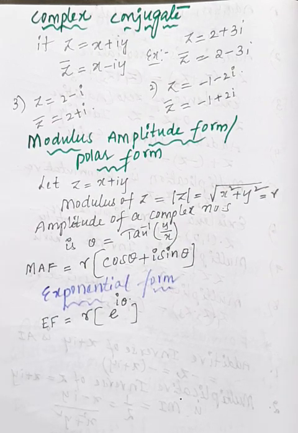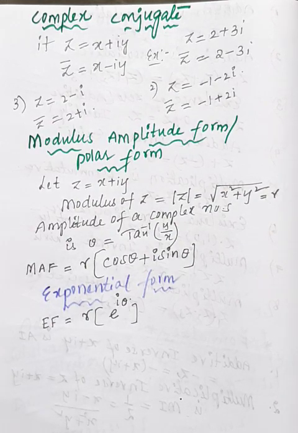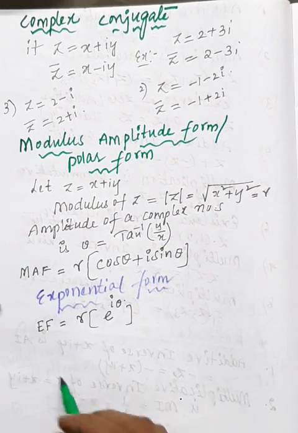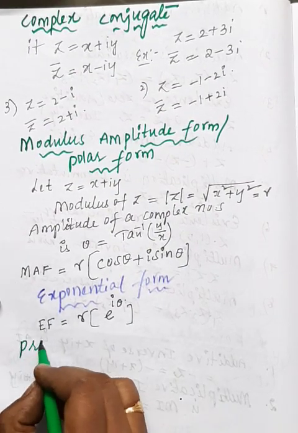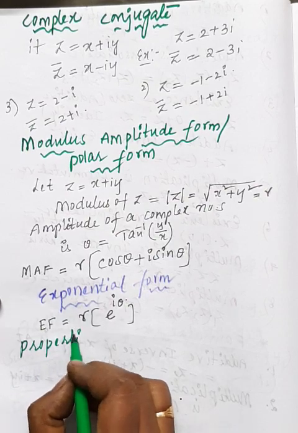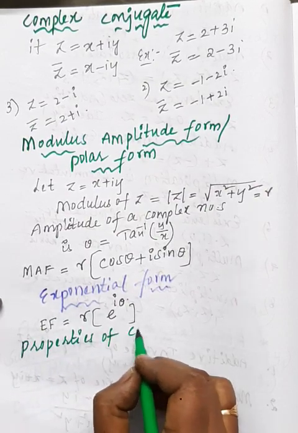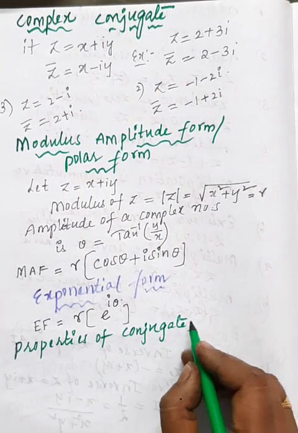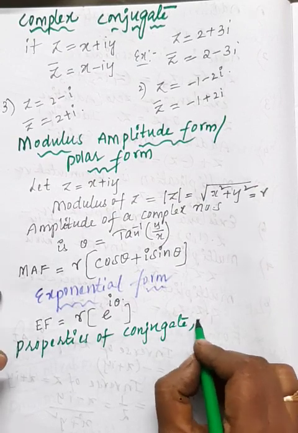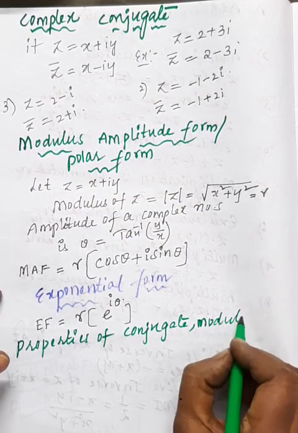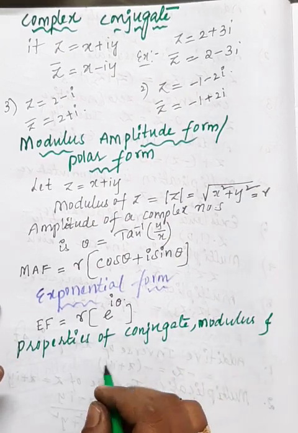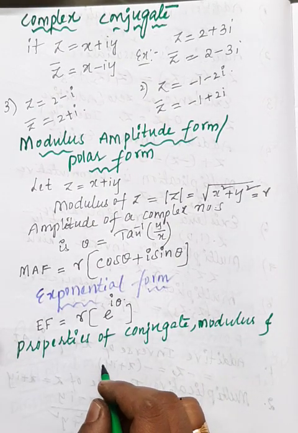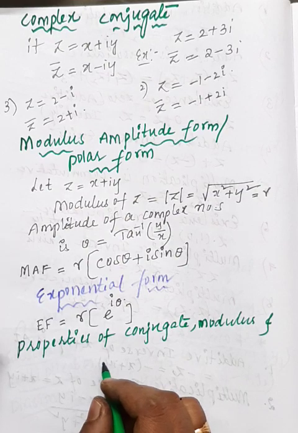Now let us see some properties of conjugate, modulus and amplitude form of a complex number. Properties of conjugate, modulus and amplitude, which can also be called argument of a complex number.